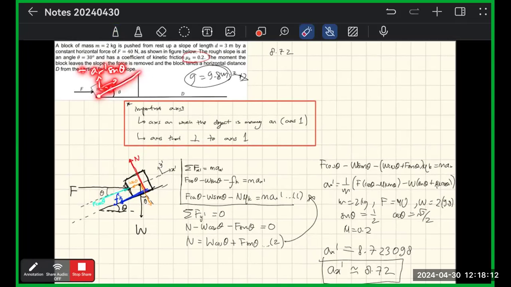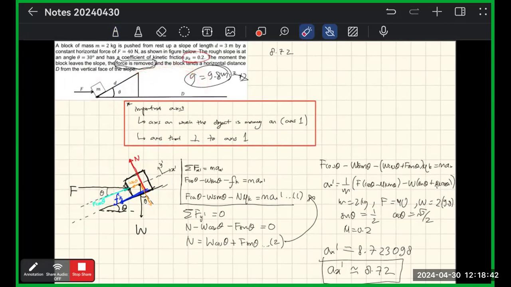But after this it will fall, right? And when it's falling, they told us that the force is not applied anymore. The force is removed after it leaves the slope. So take note of this. It will only free fall.